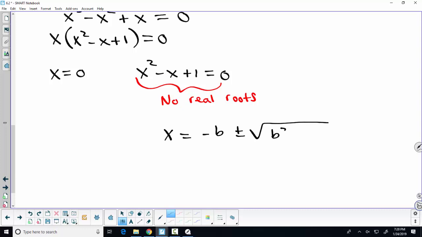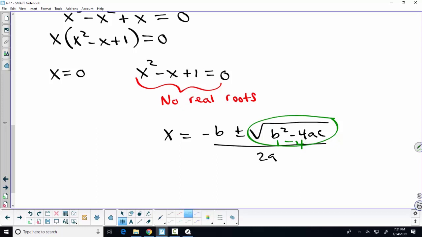That part right here is all you need to know about the quadratic to tell whether or not it has real solutions or imaginary solutions. Because if this thing has imaginary solutions, then the b squared minus 4ac is going to come out to be a negative number. So we can just check here. Here b is negative 1, so that's 1 minus 4 times 1 times 1. So we would end up taking the square root of negative 3 for this quadratic, so it has no real roots.